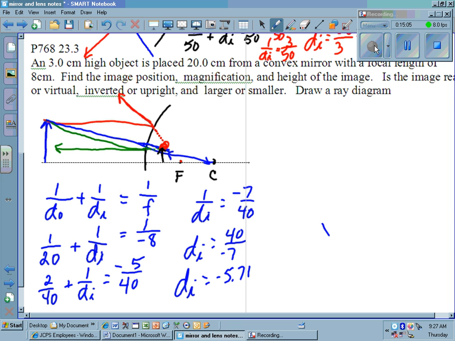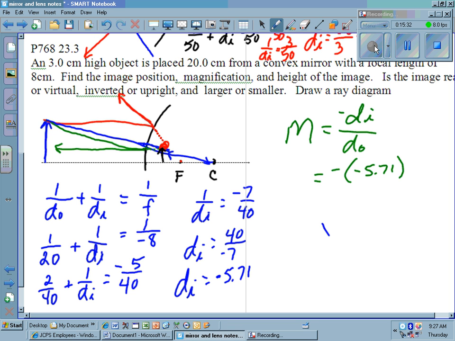It's negative because it's where? Behind the mirror. It's virtual, okay? And so it'll look like it's 5.71 centimeters. We're then going to do the magnification. Well, there's a couple different ways to do magnification. You could do di over do or hi over ho. Let's do negative di over do. So you just got to be careful here because it's a negative times a negative 5.71. So I brought that negative down and I put the negative down here.